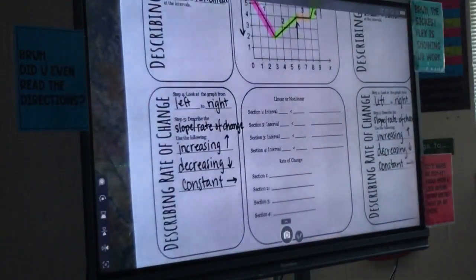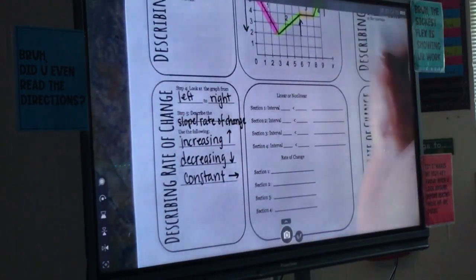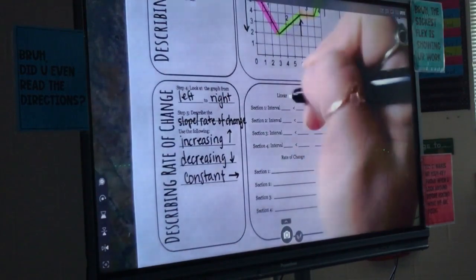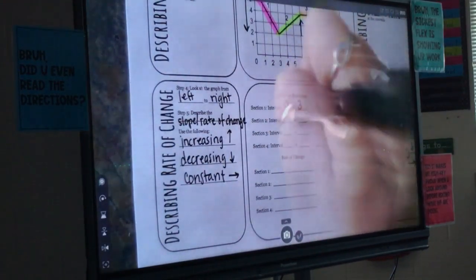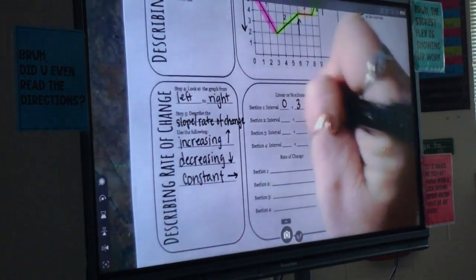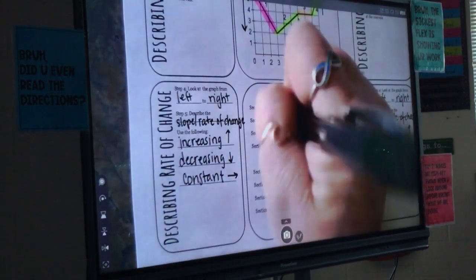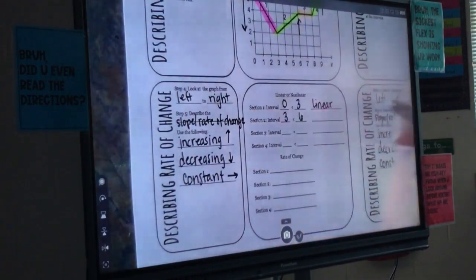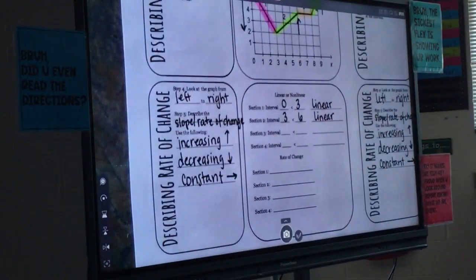Sebastian. Section 1, you start at 0 and end at 3, and it's linear. Okay. And then section 2, you start at 3 and end at 6, and it's linear. All right, Ellie.